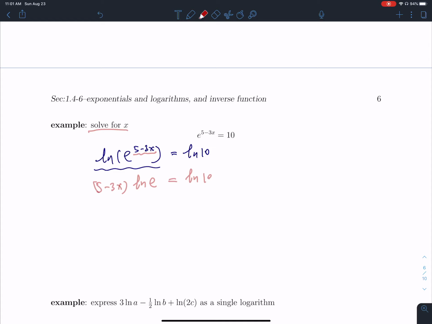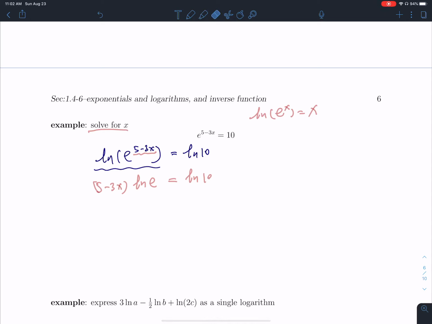Another way to think about the left-hand side is to use this law of cancellation, right? Because as we recall, the natural log of e to the x equals x, all right? And here we just replace this x by 5 minus 3x.